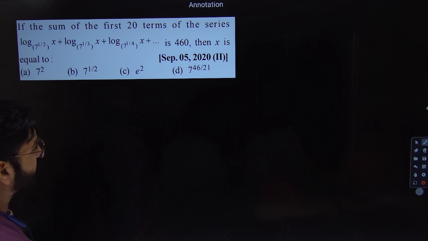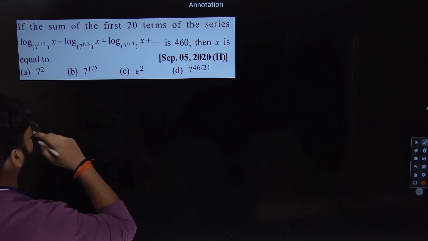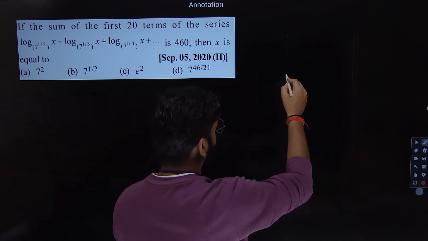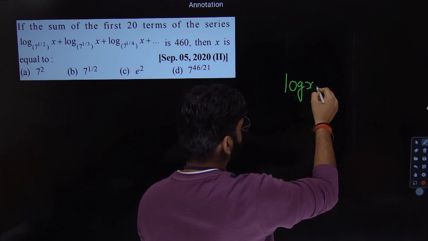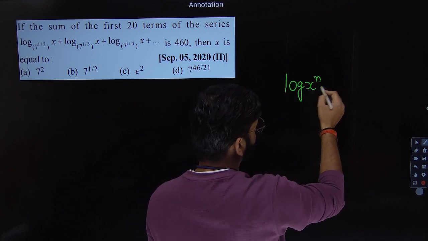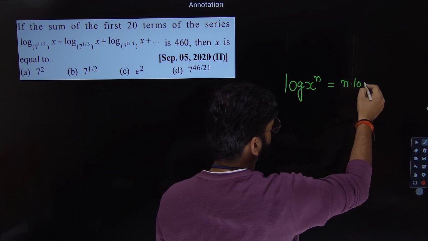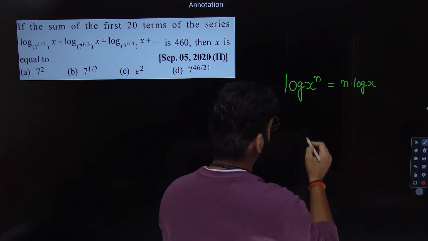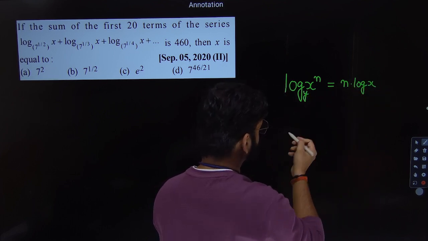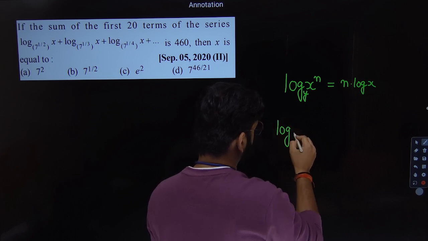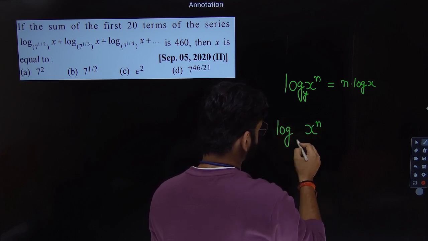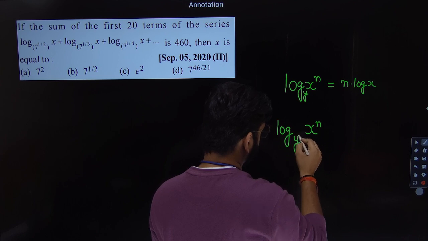Very simple question, I think most of you can solve it if you know the property of log. So what is the property of log? Log of x to the power n is how much? n times log x. Now all of you see on the board: log of x to the power n, base y to the power m.